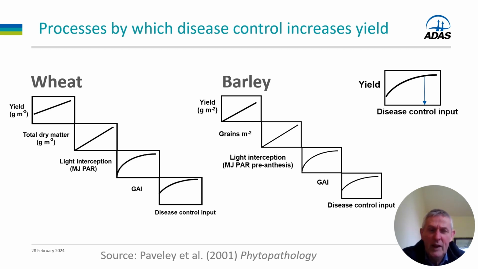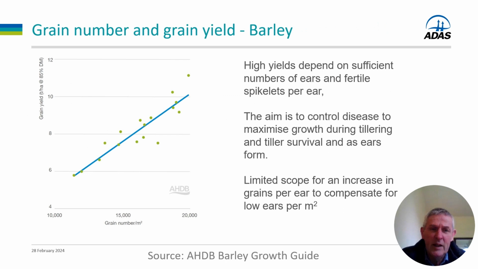And if we look at what that relationship between light interception, grains and yield looks like in real data, this is data from the AHDB Barley Growth Guide across a range of sites and seasons from the field. What we can see is if we measure the number of grains per metre squared, which is determined by light interception predominantly, and the grain yield of the crop, the two are very tightly related.